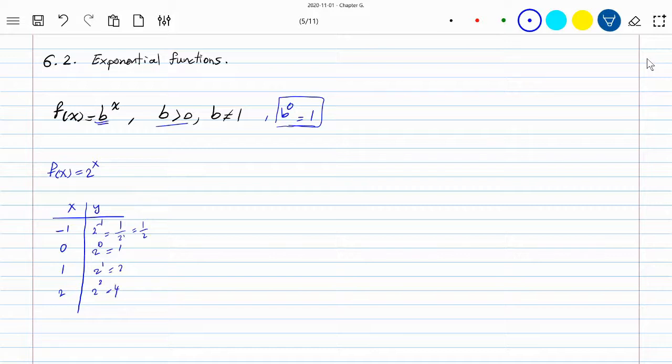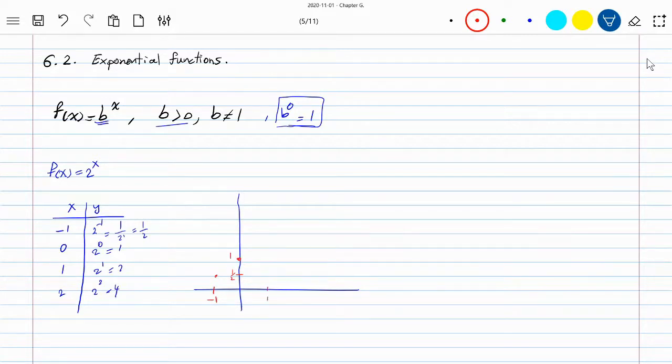We can draw those points. Okay, so let's say negative 1 here, we'll have 1/2. At 0, we have 1.